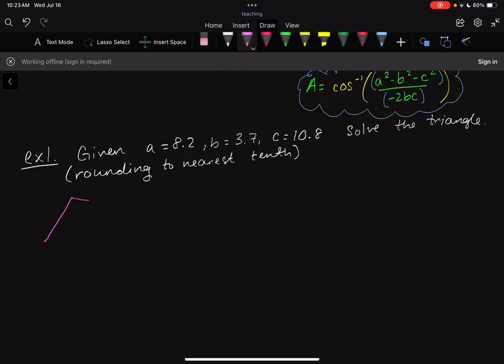So first, I should always draw out my situation. So let's see, I've got A, we'll put C up here, we'll put B here. So B is 3.7, A is 8.2, C is 10.8.